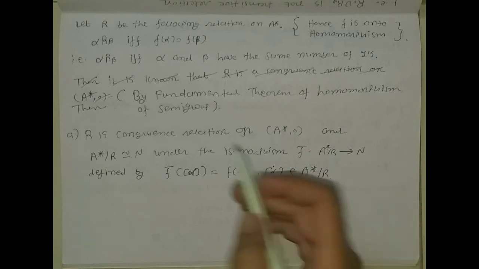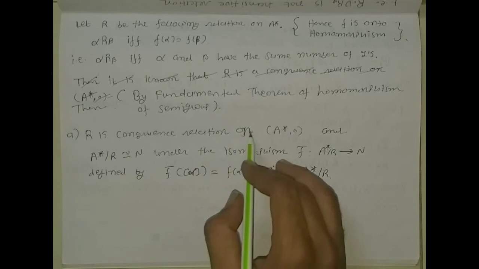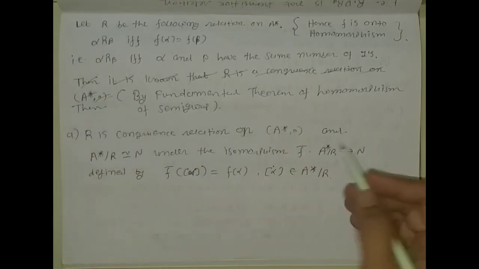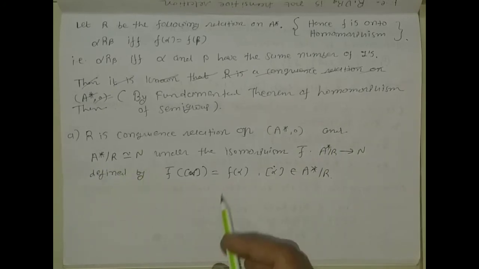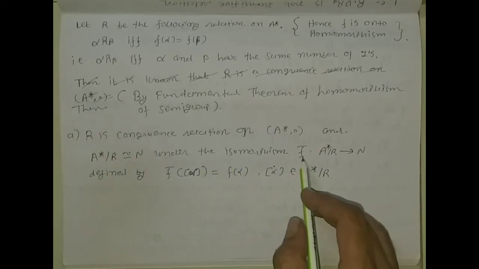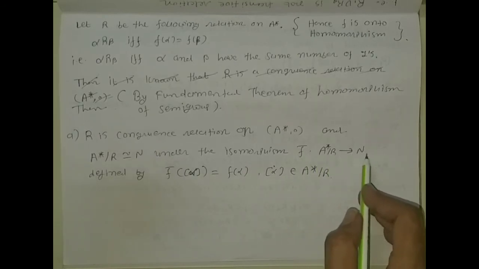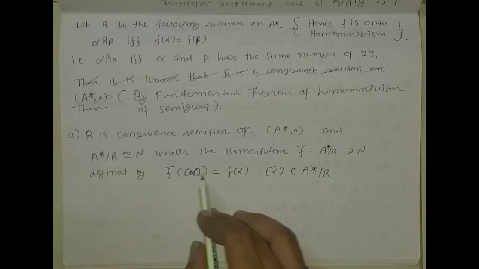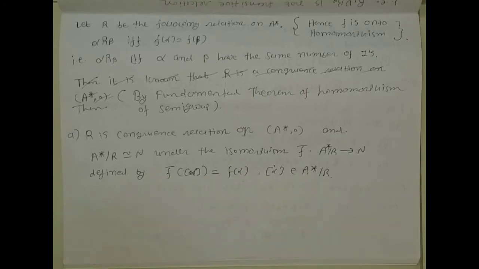So R is a congruence relation on A star with catenation, and A star quotient R is isomorphic to N under the isomorphism f bar from A star quotient R to N defined by f bar of the equivalence class of alpha equal to f of alpha, where the equivalence class of alpha belongs to A star quotient R.